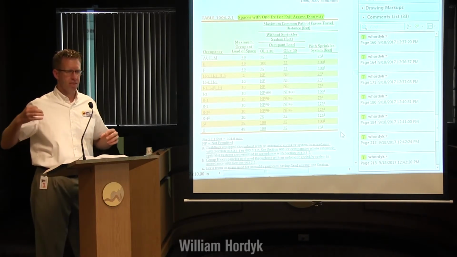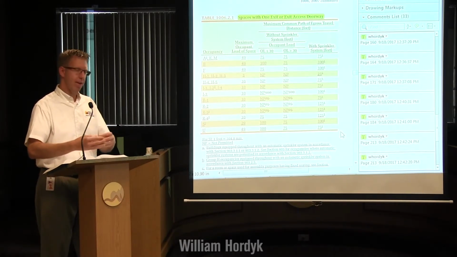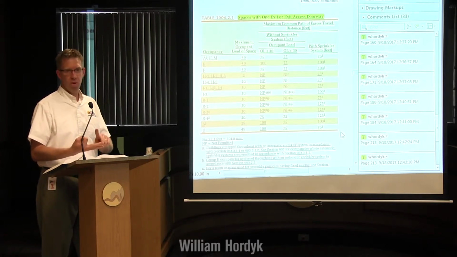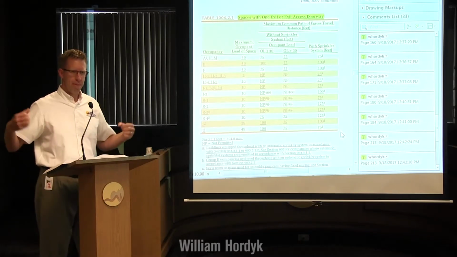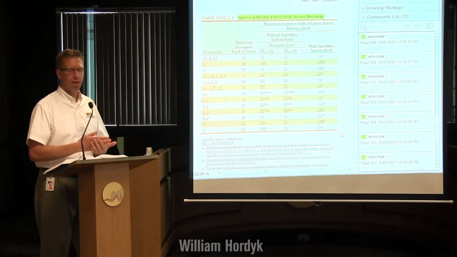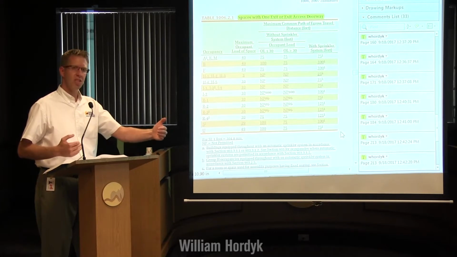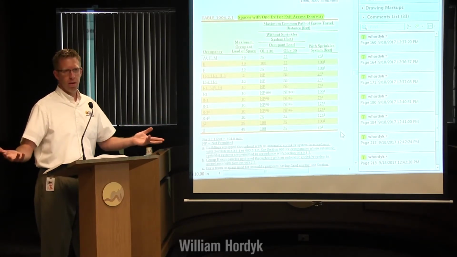Exit access is until I reach a level of protection: a rated exit corridor, a rated exit stair, a horizontal exit. Until I reach a level of protection, I'm in exit access, and that measurement stops at the door that is an exit. From the door that is an exit, I may have a distance to go until I get to an exit discharge. Exit discharge is where I leave the building and enter the public way.